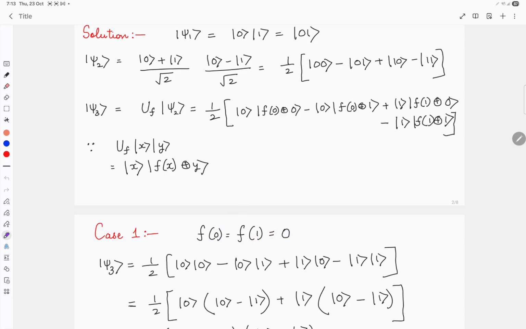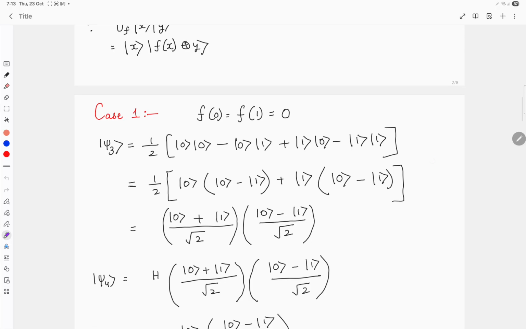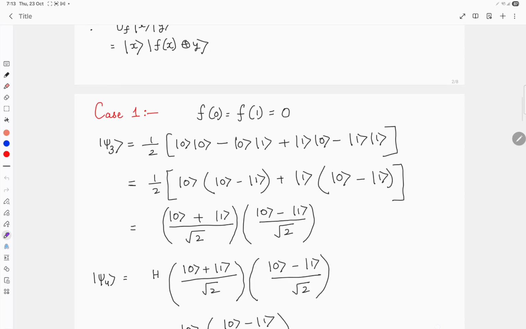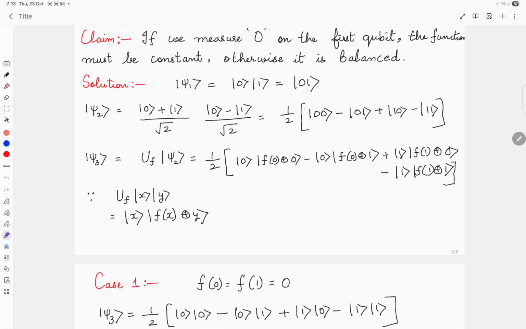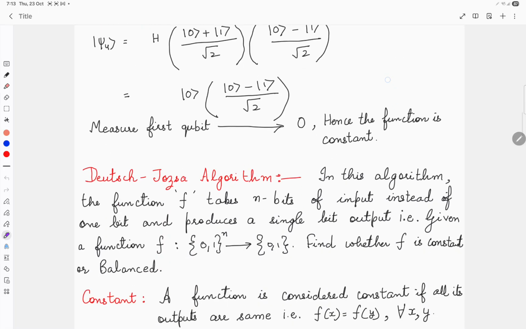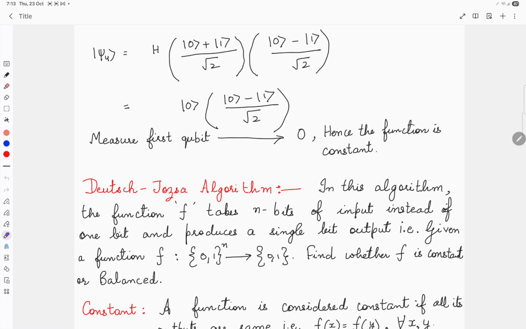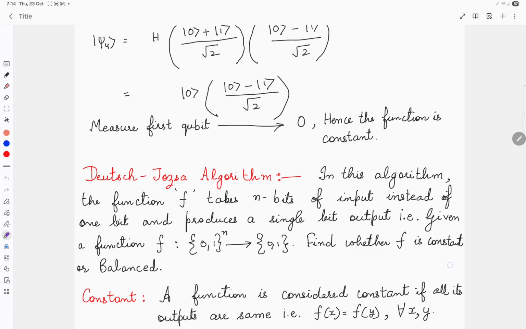So for half of the inputs the output will be 0, and for the rest half the output will be 1. If we consider all the cases, the circuit will perform wonderfully. If the first qubit measures 0, the function will be constant. Otherwise the function will be balanced.